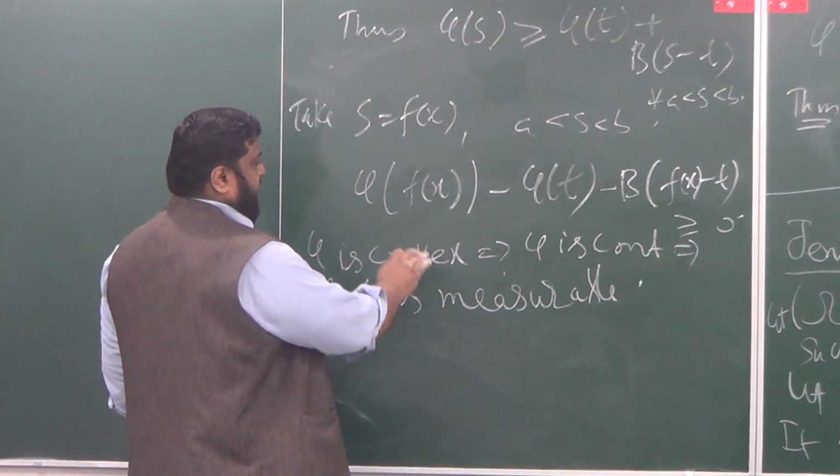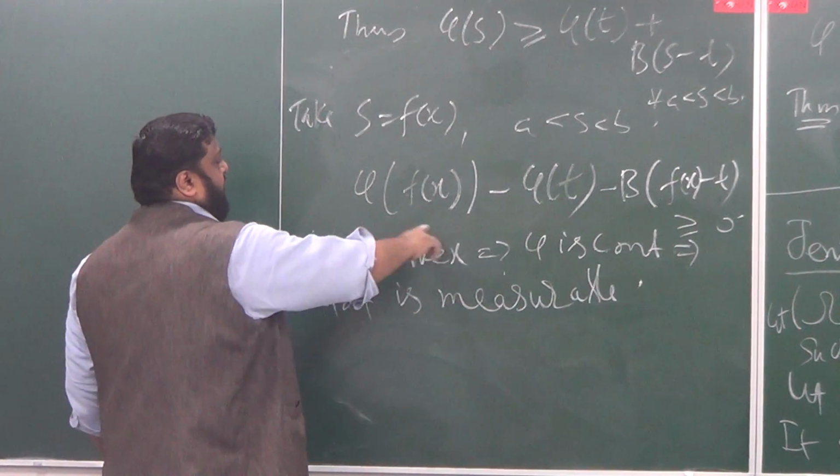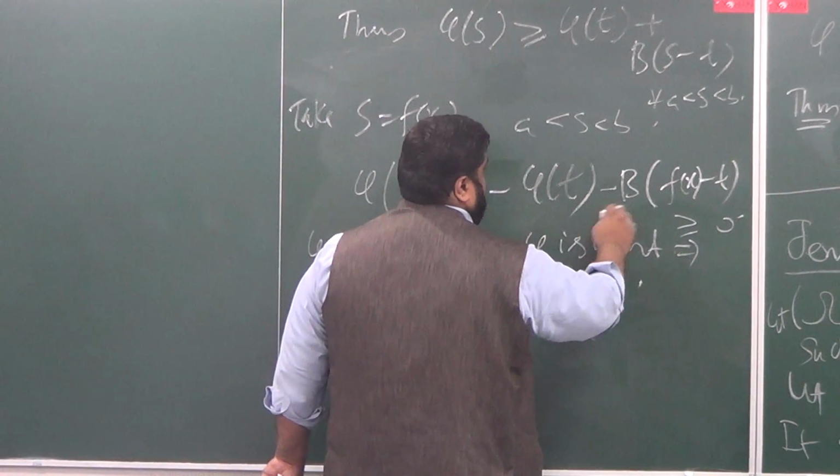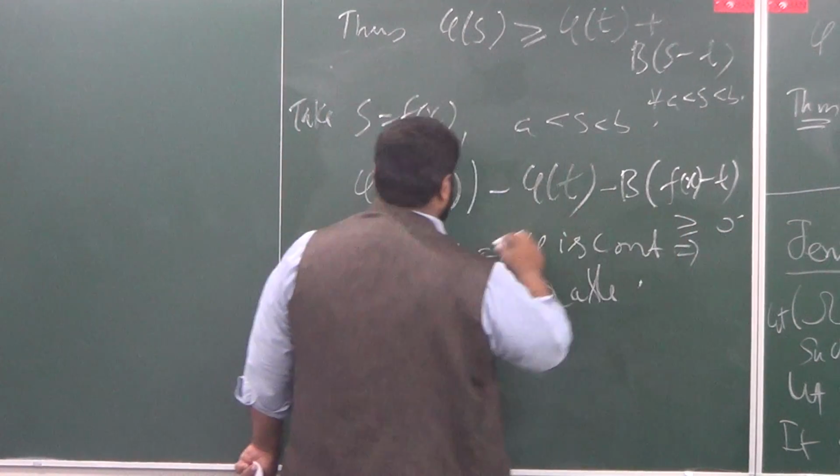So what we showed is this inequality: phi of f of x minus phi of t minus p times f of x minus t is bigger than or equal to 0.